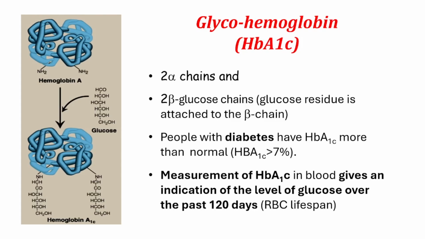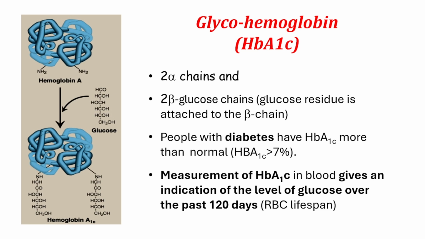All right, this is another kind of hemoglobin, which is called hemoglobin A1C, which we call glycohemoglobin. It is used in diagnosis in the lab. Any doctor can prescribe it in a lab analysis to check if this patient is diabetic, pre-diabetic, or not at all, healthy.